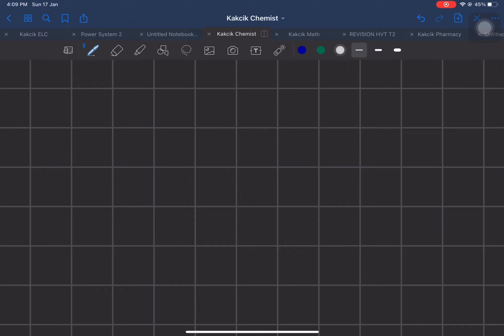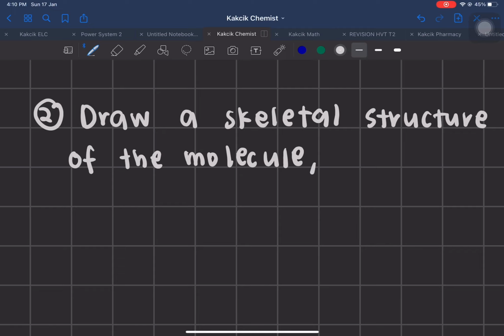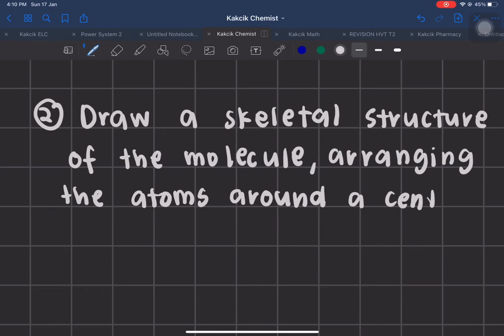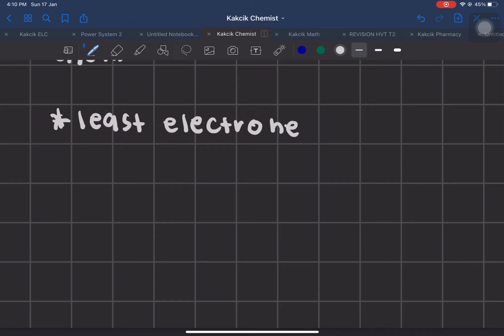Okay, the second one is we draw a skeletal structure of the molecule arranging the atoms around a central atom. So dalam periodic table, we have to choose, P dengan Br, mana satu yang lagi least electronegative. So macam mana kita nak tahu kata dia least electronegative? So that least electronegative ni, kita tengok dalam periodic table, dia semakin ke kanan semakin tinggi elektronegatif dia.